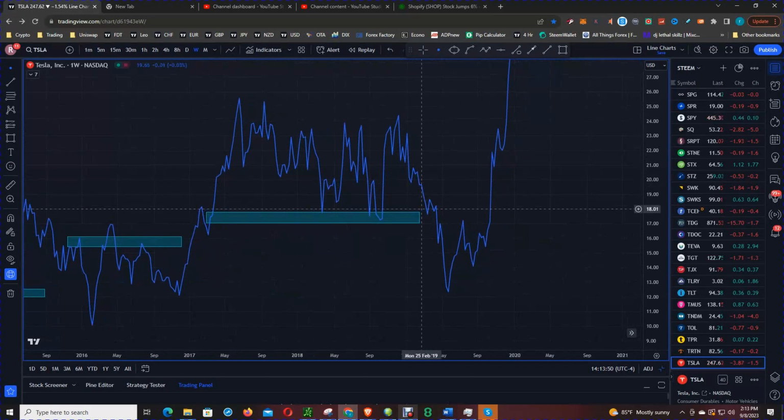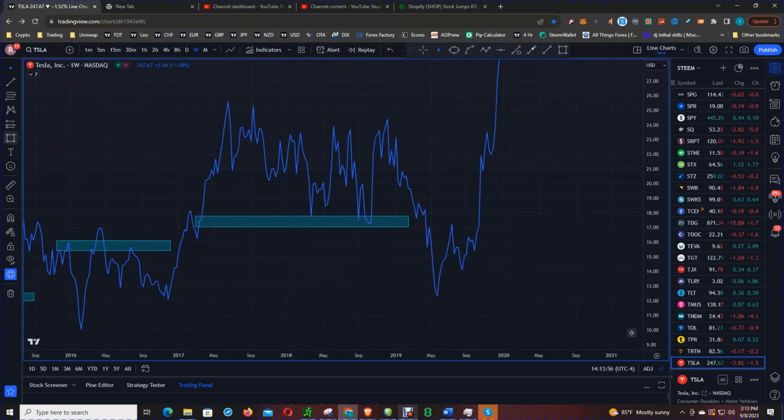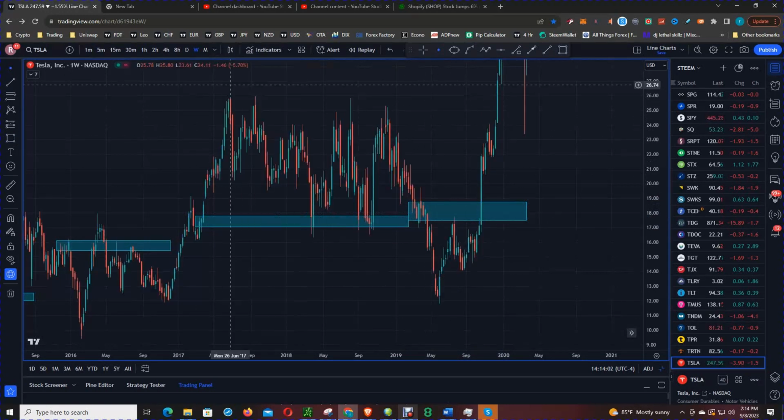I like this one. Drop, base, drop. Let's see if it worked out at all. Yeah, this one worked. Drop, base, drop.